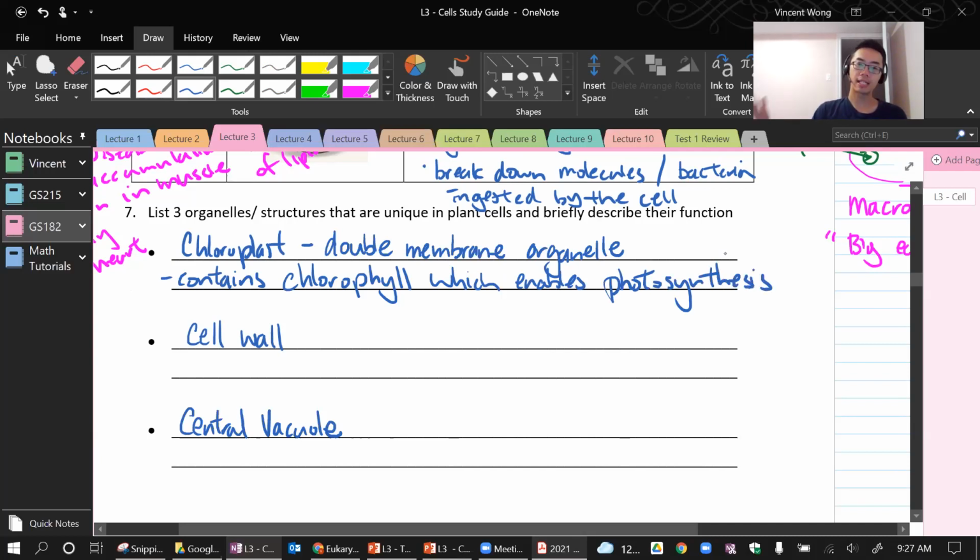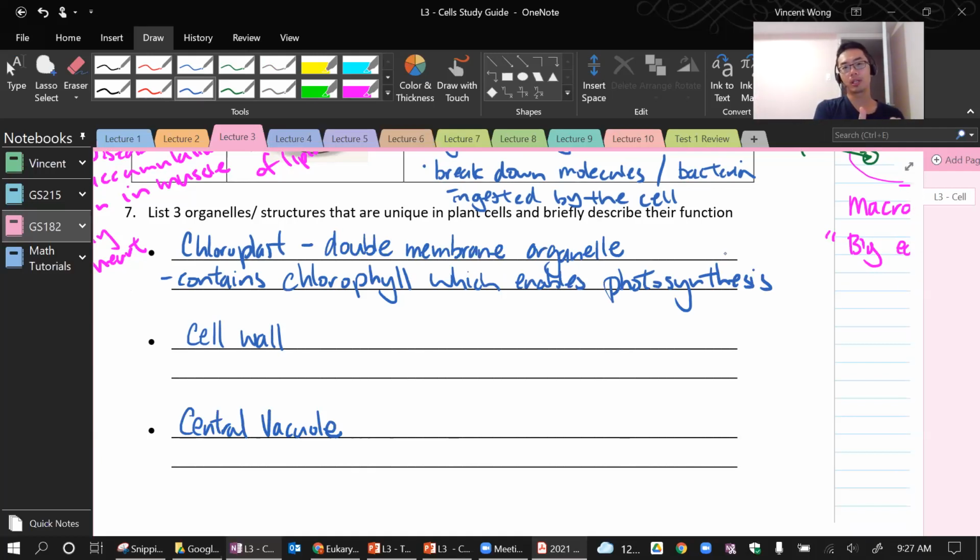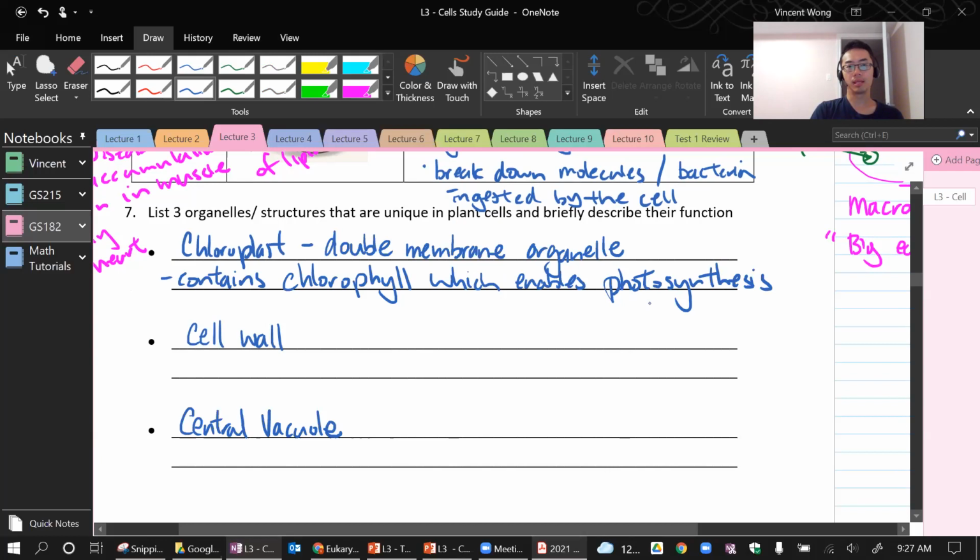Photosynthesis is to use the energy from light to convert carbon dioxide into sugar. So that's how plants make their food.